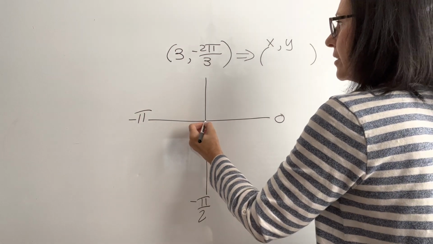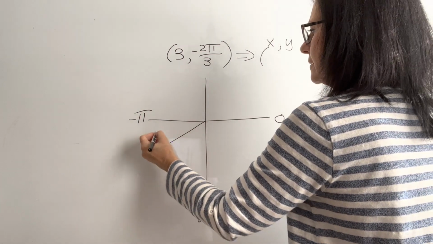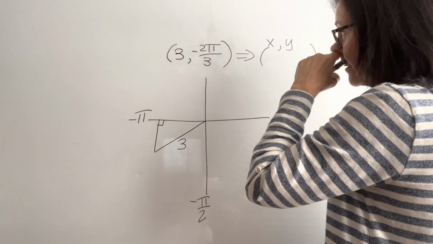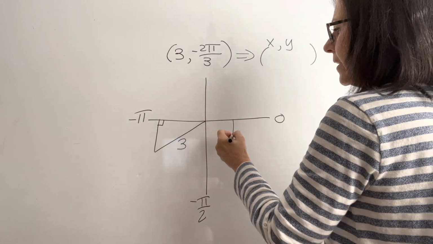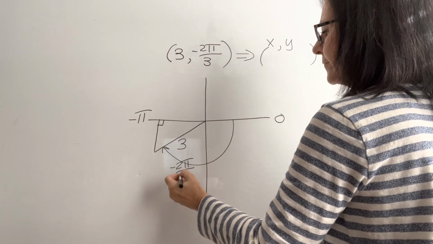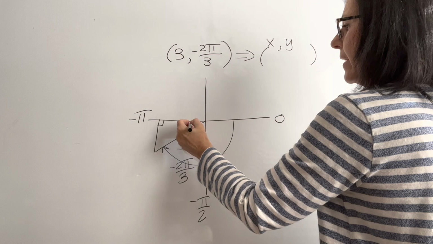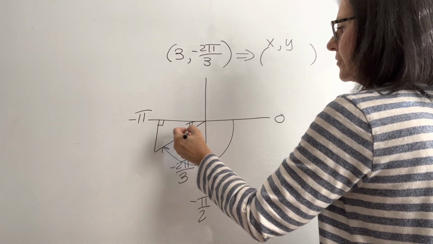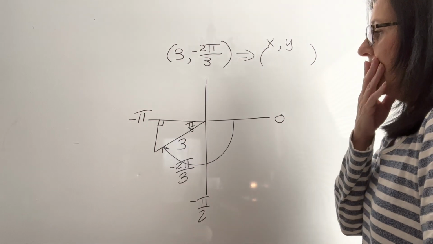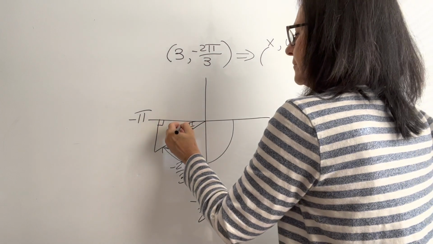So it's in this quadrant. That's 3, and all the way around here is negative 2 pi over 3. So that makes this pi over 3, because I need another third of a pi to get all the way to pi. All right, so that's a 60-degree angle.